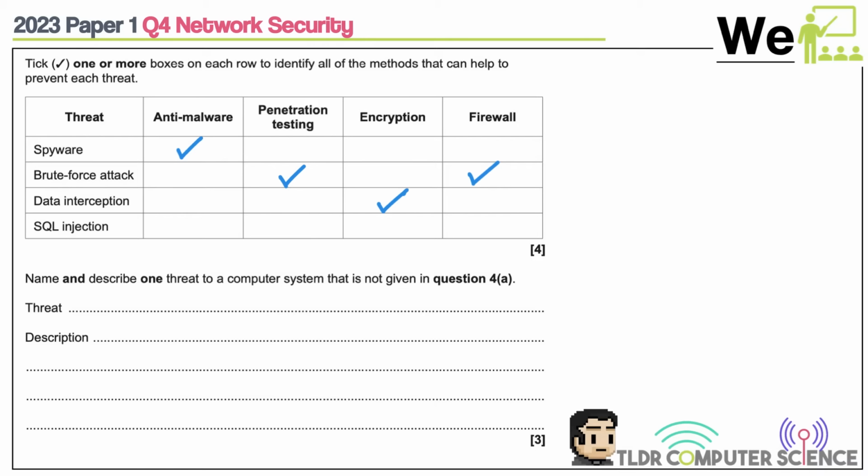There's not just a web server for Amazon, there's also the SQL database keeping track of all your different things. So if you could run an SQL injection, you could make it drop or delete all the data, which is definitely not a good idea. Of course, big websites like Amazon have blocked these kinds of things, but smaller websites potentially can be affected by SQL injection attacks. Anti-malware, well, this is not software, this is an individual attempting it, so it's not going to work.